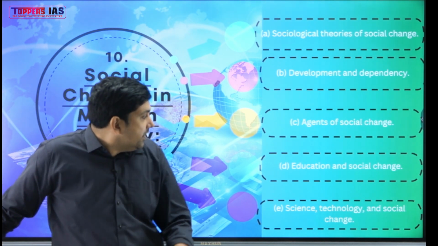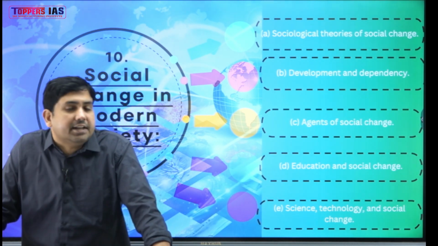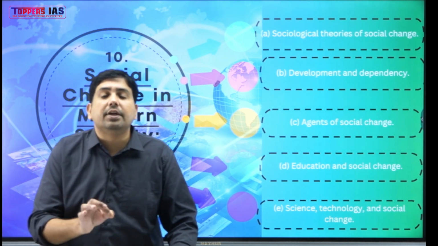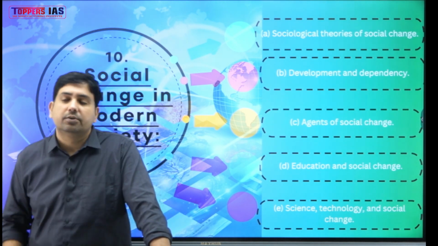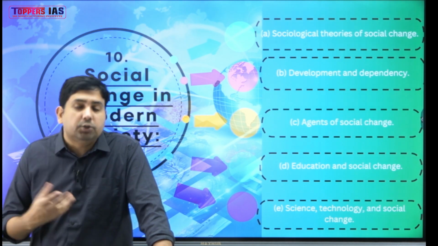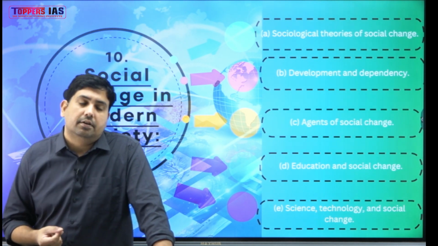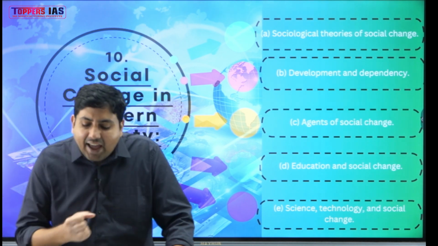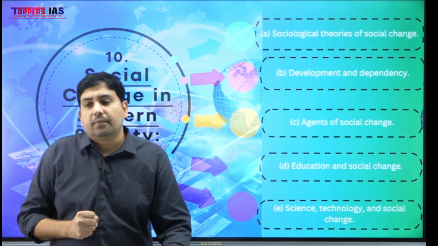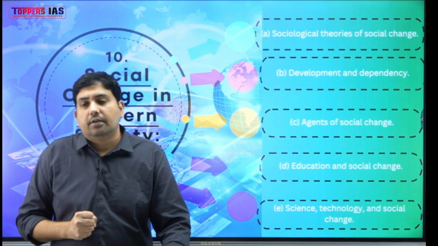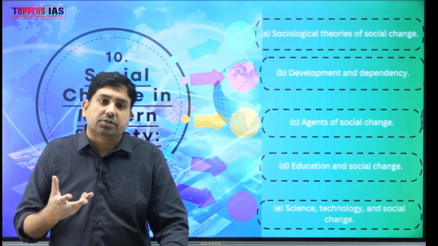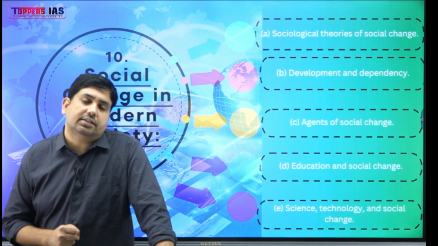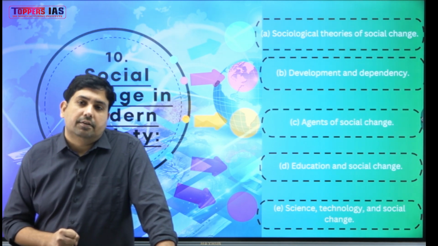Then there is another subtopic, education and social change, that is, how education brings about change in society. Education, spread of knowledge, critical thinking, the adoption of a new value system leading to social mobility and awareness.